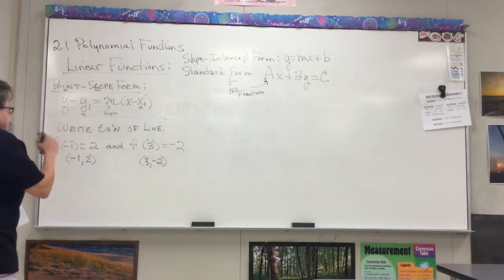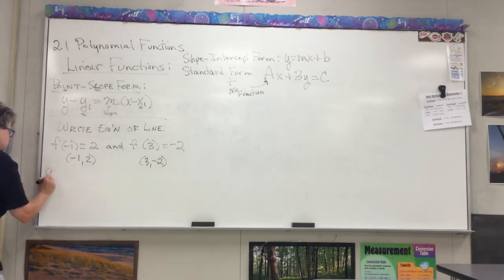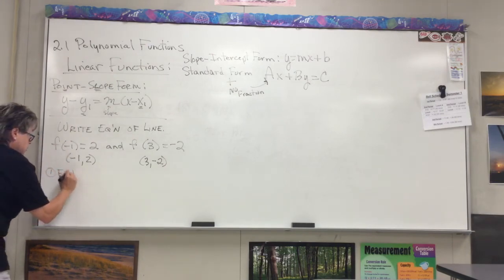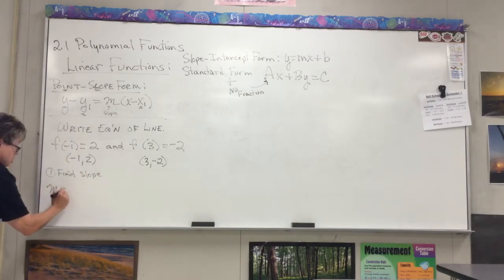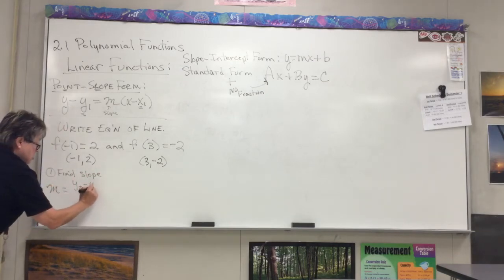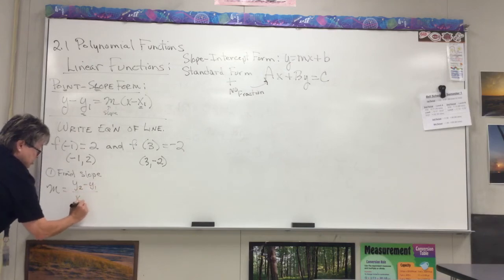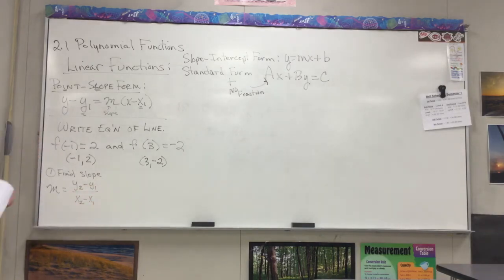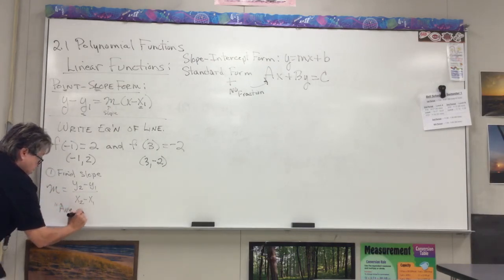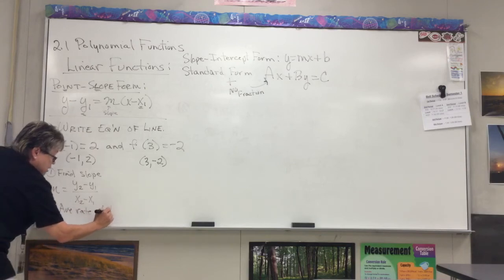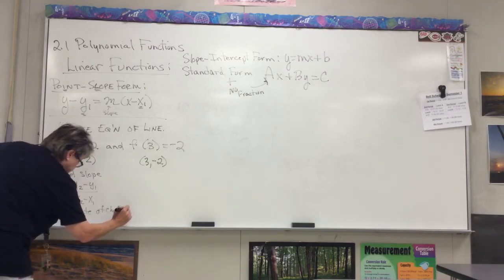So when I'm given 2 points, the first thing I'm going to do is find the slope. In case you need that formula, slope is y2 minus y1 over x2 minus x1. Or you think of that as the average rate of change when you're looking at slope.